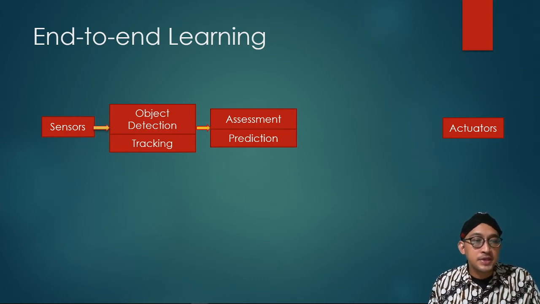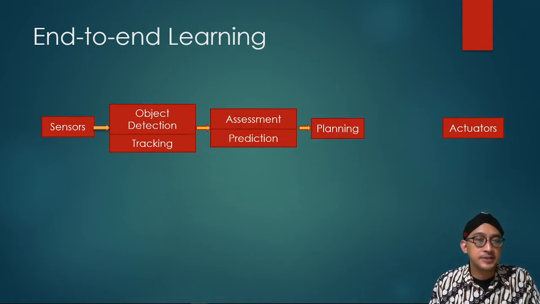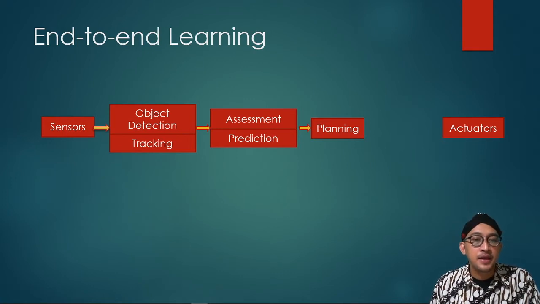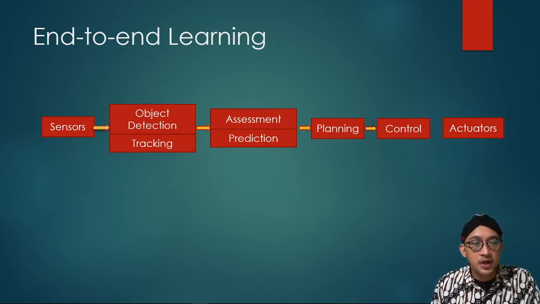When it knows its situation, it also needs to plan forward for what it has to do. Does it have to move forward, do some evasive maneuvers, pick something or else? And depending on its set of actuators, it needs to map the planning into the control when it has to deal with the set of actuators that the robot has.